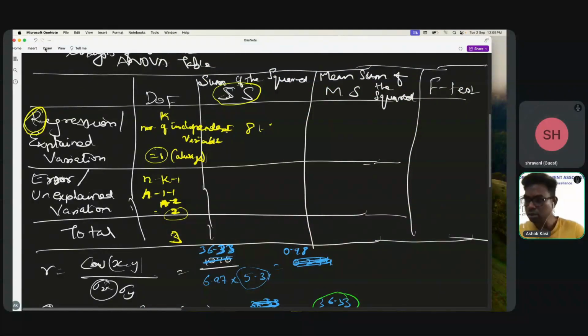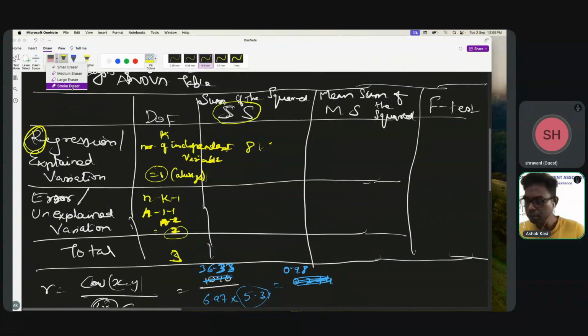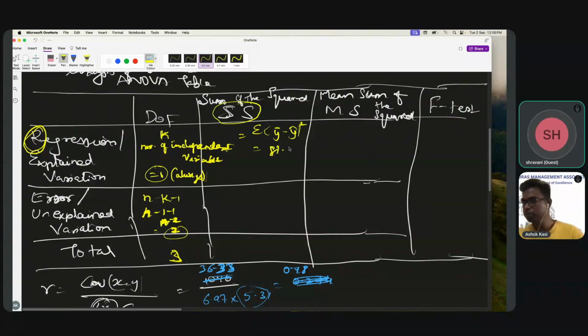Instead of directly writing 81.79, I'll mention here this is equal to summation of y bar minus y hat whole square, which is 81.79. Okay.